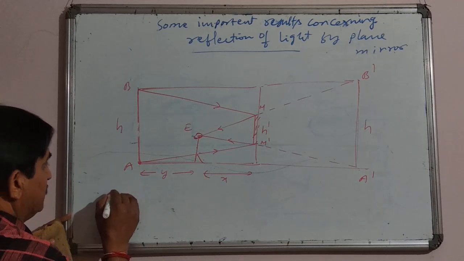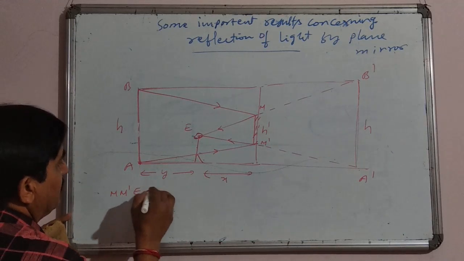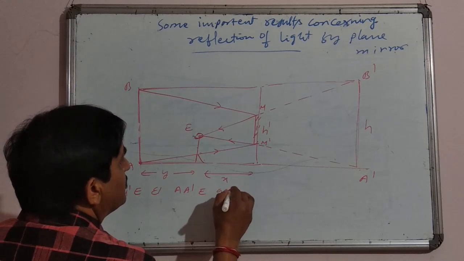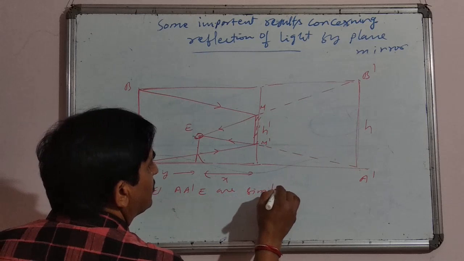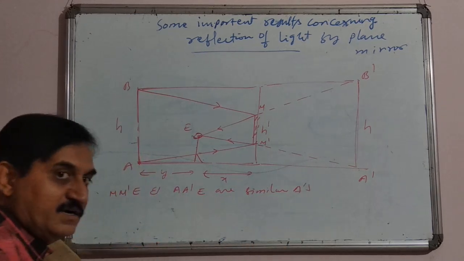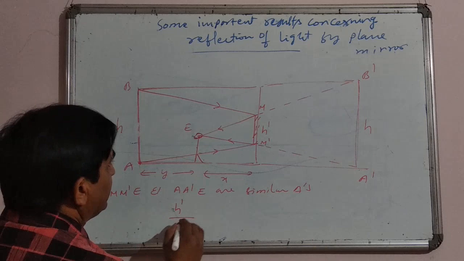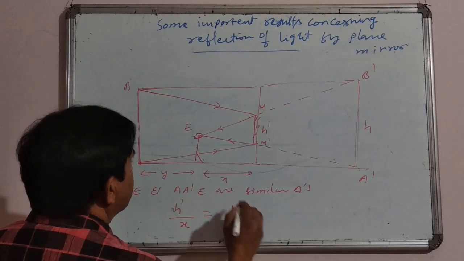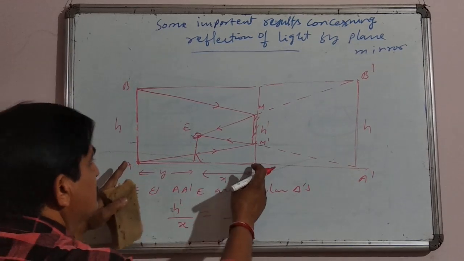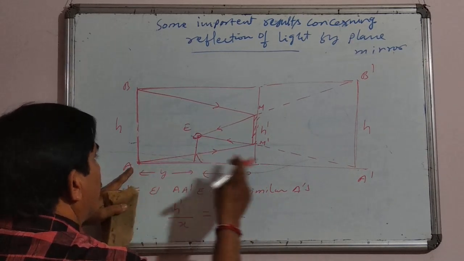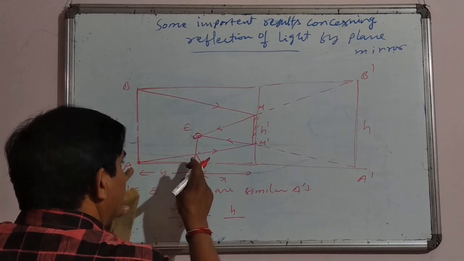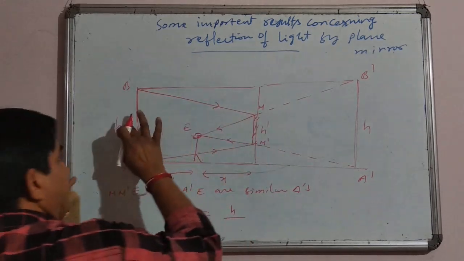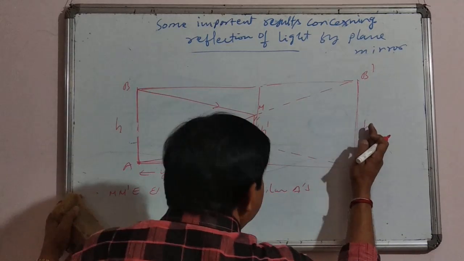Now here M dash, E and A dash, E are similar triangles. Therefore, H dash by X is equal to H by, so here, keep in mind, this is X plus Y overall. From here to here X, and from here to here Y. This is the distance of the object from the mirror, and the distance of the image from the mirror is the same.